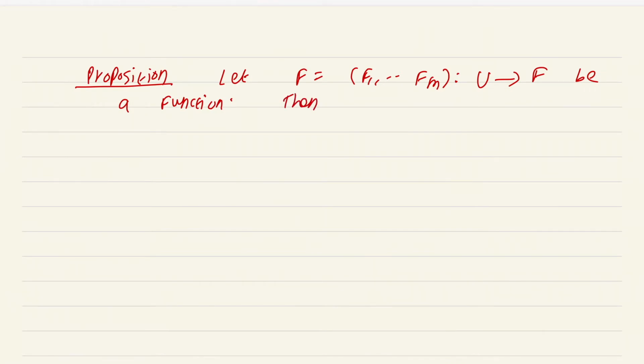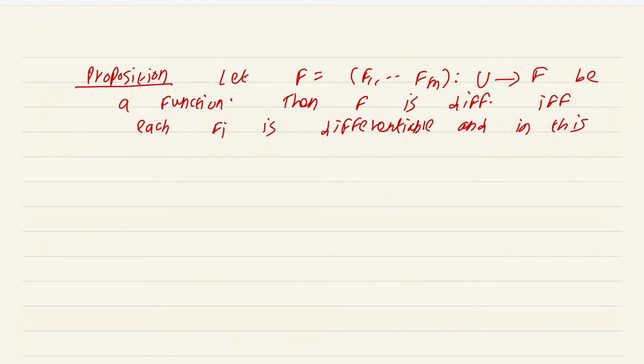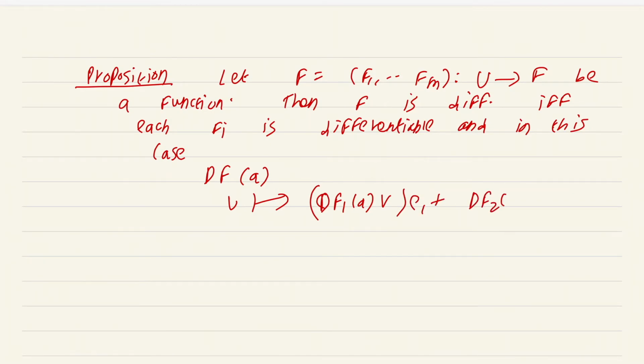Then f is differentiable if and only if each fi is differentiable, and in this case the derivative at a given point a is given by the formula v maps to df1a acting on the vector v e1 plus df2a acting on the vector v e2 plus dot dot dot dfna acting on the vector v en.